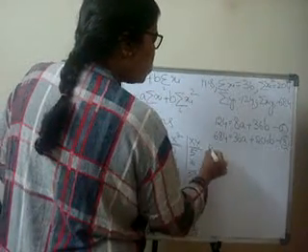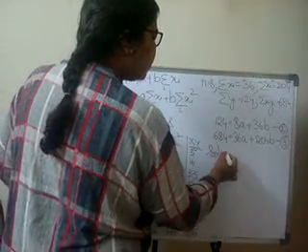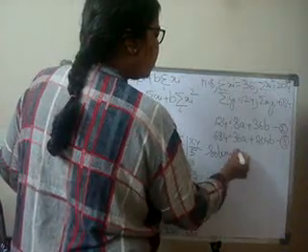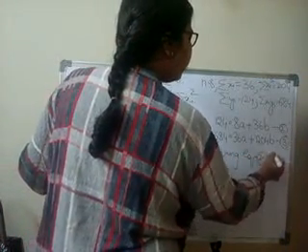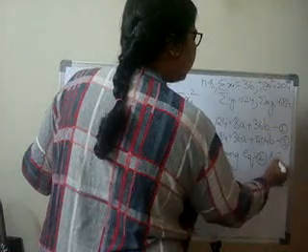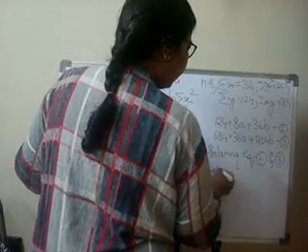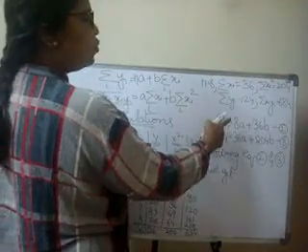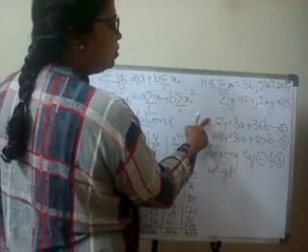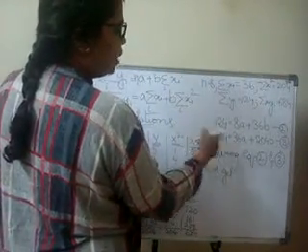Now solving equations 2 and 3, what do we get? Now I have to remove one unknown. So I'll multiply this with 36 and this with 8.